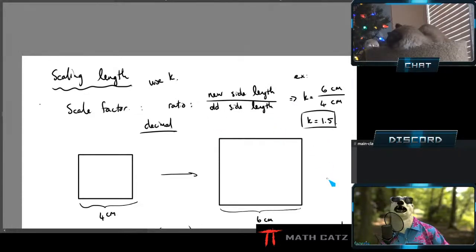But now this scale factor, I can definitely use that in my sentence to explain what happened to this square by saying the square changed by a scale factor of 1.5. Okay. But to a certain audience, that might not be clear what I actually did.